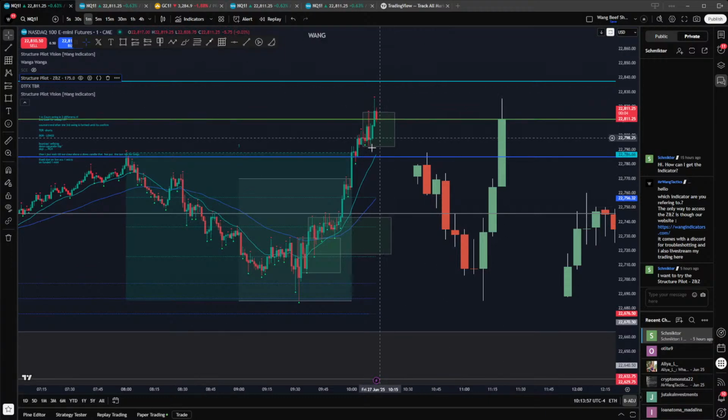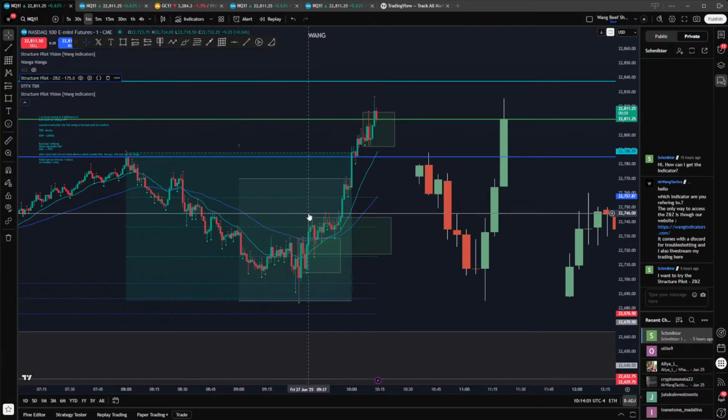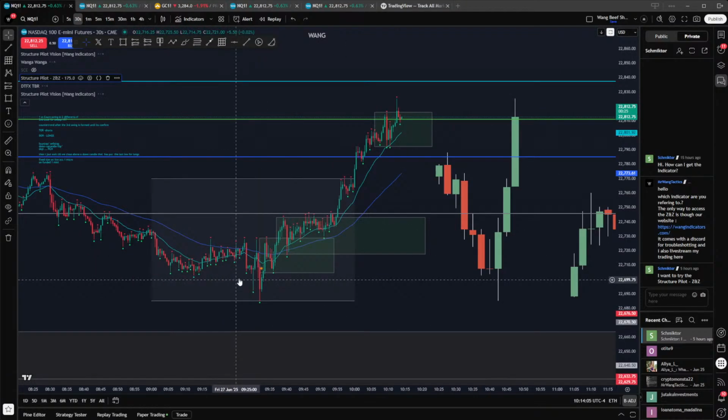Looking to see if I find something in here. So we have this one here, that one, three. That's three on the lower time frame, right?